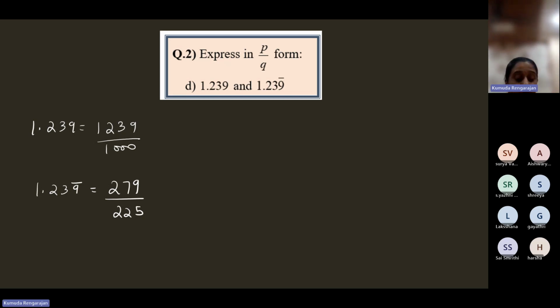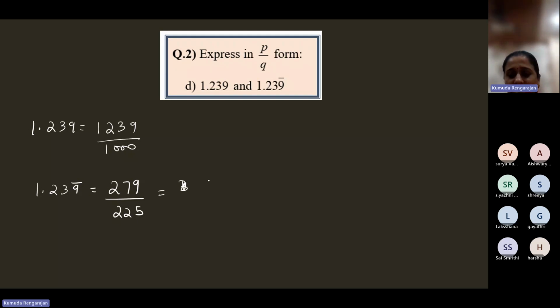Yeah, yours is right. 279 by 225. Yes. Aishwarya, sorry. I didn't do it properly with the calculator. Okay, Lakshana, you said 31 by 25?